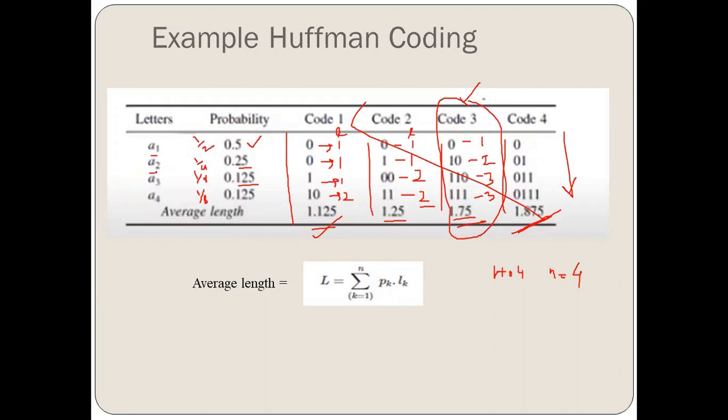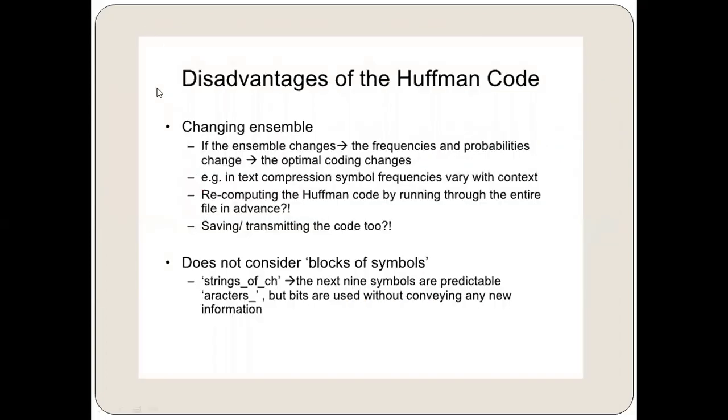So now let's see the drawbacks and limitations of Huffman coding compared to arithmetic coding. First, the disadvantages of Huffman coding: changing ensemble. That means if the ensemble changes, the frequencies and probabilities change, and the optimal coding also changes. That means the Huffman code is not flexible. If there is a little bit of change, it will completely vary the coding.